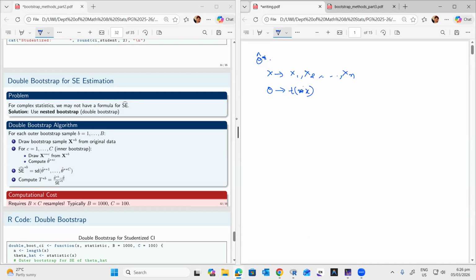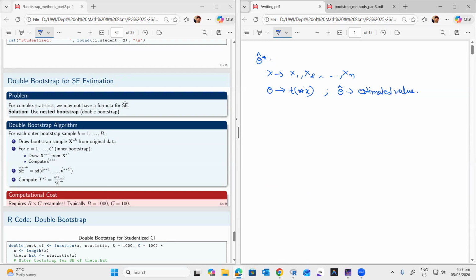So theta cap is the estimate we compute from the original sample. That could be the mean, median, correlation coefficient, or regression coefficient.